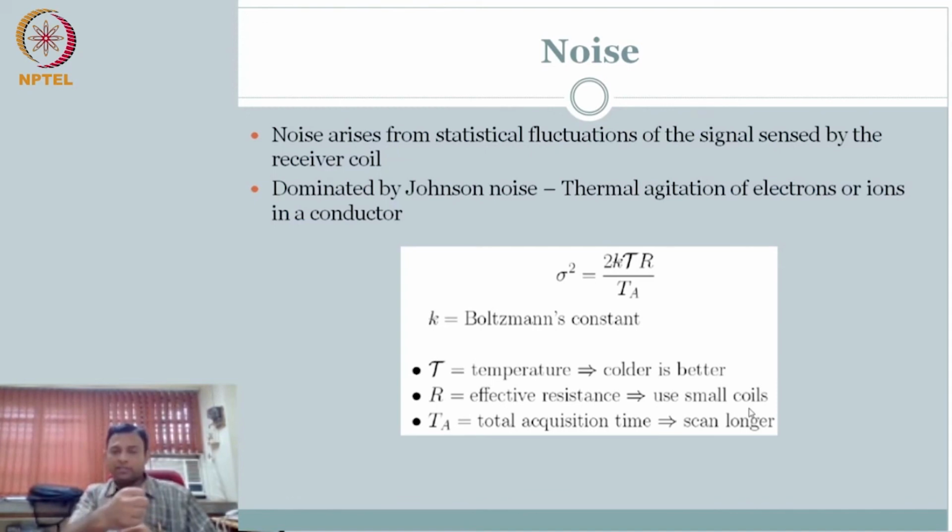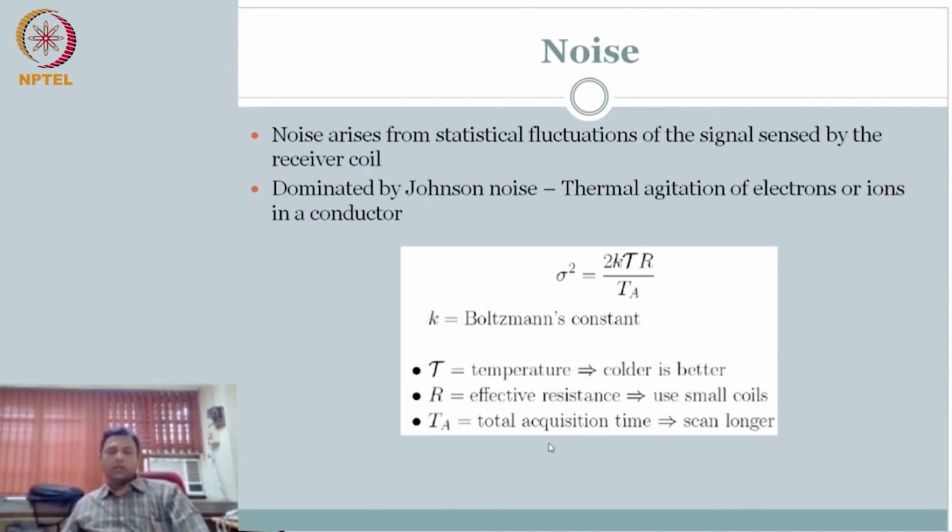So if I want to image the wrist, rather than using the body coil in the bore as the receive coil, I would rather have a receive coil that is small, so that I can reduce the noise. Therefore, I can have better signal to noise ratio. So reduce noise by reducing this effective resistance, which essentially comes from the body resistance.